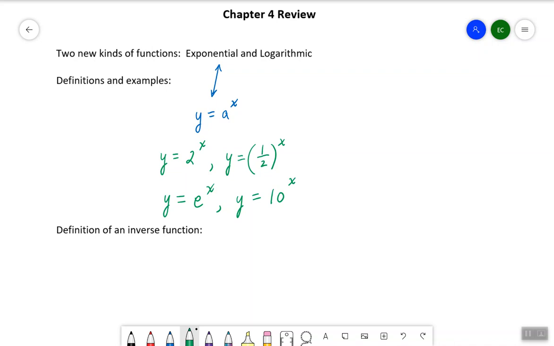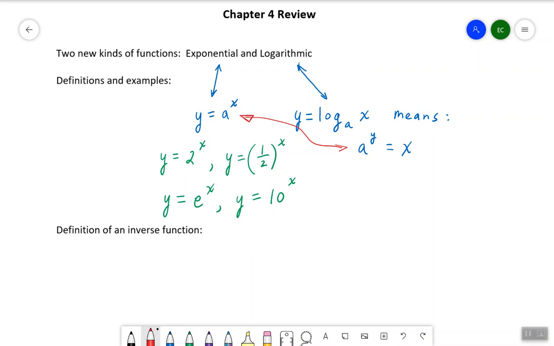And then we also talked about logarithms. And so we said that y equals log base a of x is a logarithmic function, and it means a to the y is equal to x.